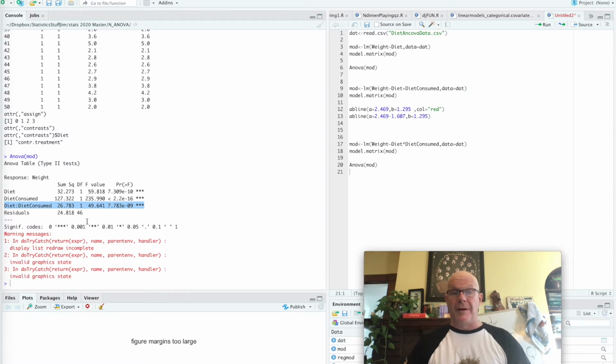important thing that we want to consider is that when we have that significant interaction term, we can no longer trust the hypothesis testing that has to do with diet or diet consumed. We can no longer trust that because when we're testing those hypotheses as single factors by themselves, we are assuming additivity. This interaction term is telling us that there is no additivity.